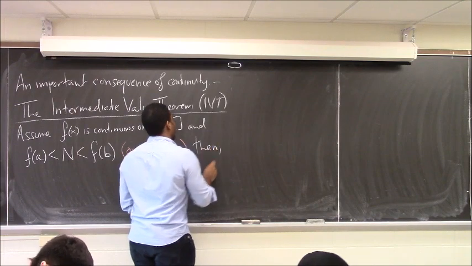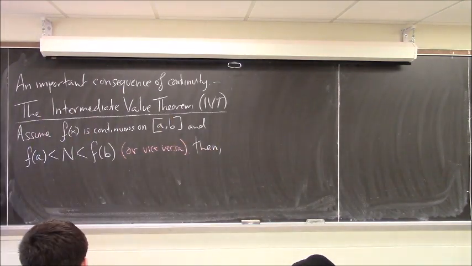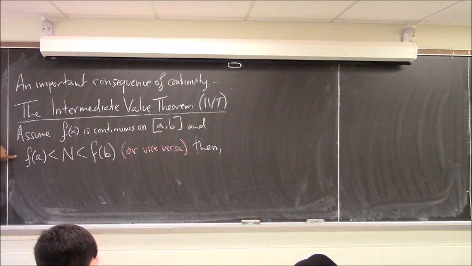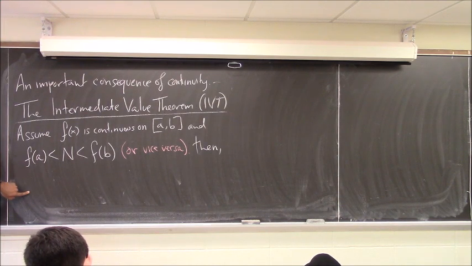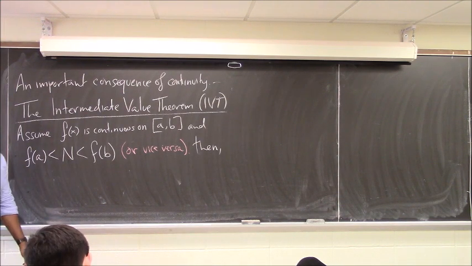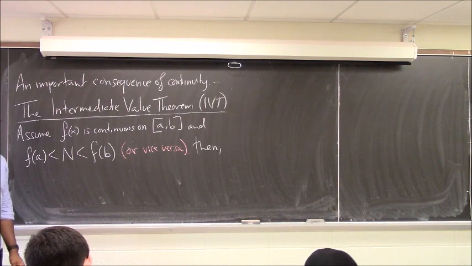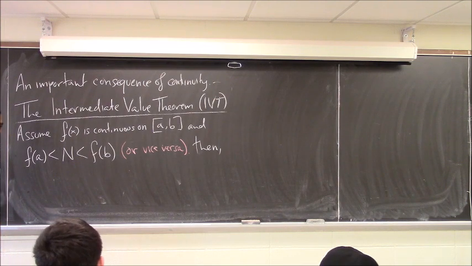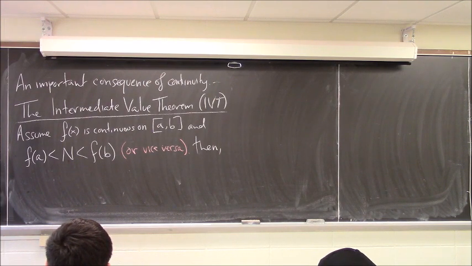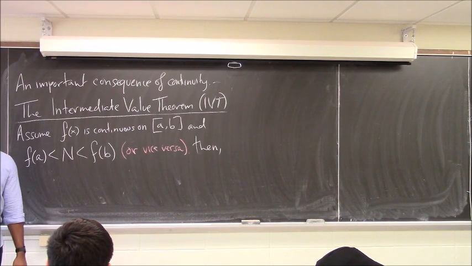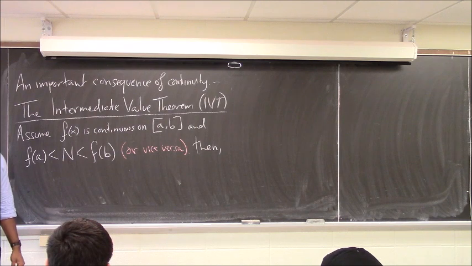Then, so now here's the conclusion. If you know a function is continuous and you know that this is true, you can make a certain conclusion. Does anyone remember what that conclusion is? Anyone did the intermediate value theorem in calculus before? I think from high school calculus. You guys remember what you can conclude? Maybe the value of x will be between a and b?